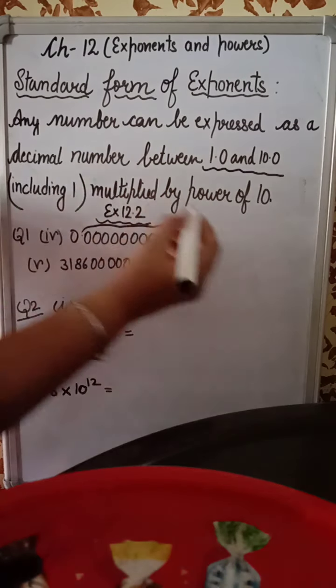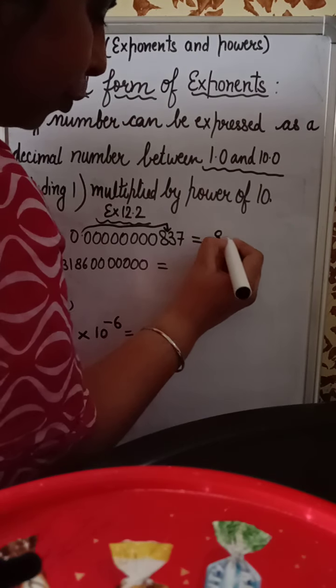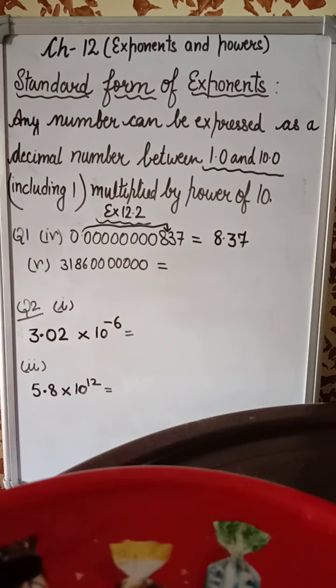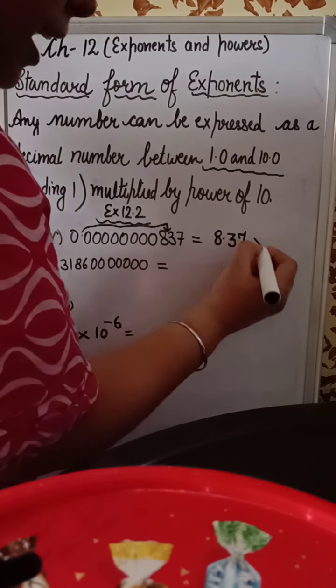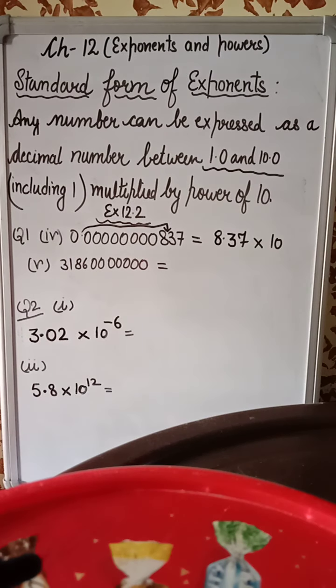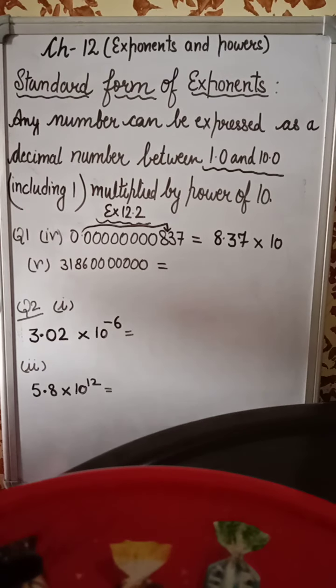So it is clear that the number will become 8.37, right? Now we have to multiply it by a power of 10. What will be the power of 10 and what will be the sign of the power?